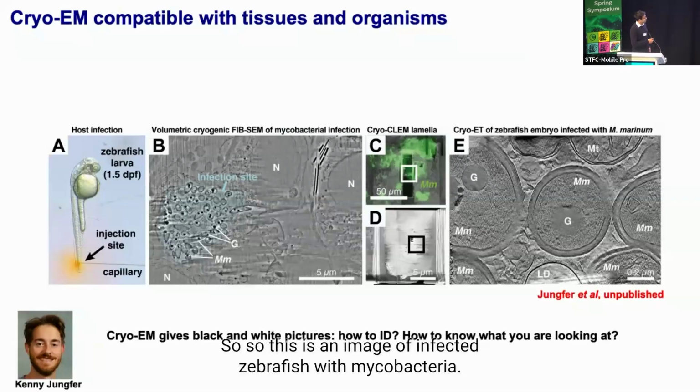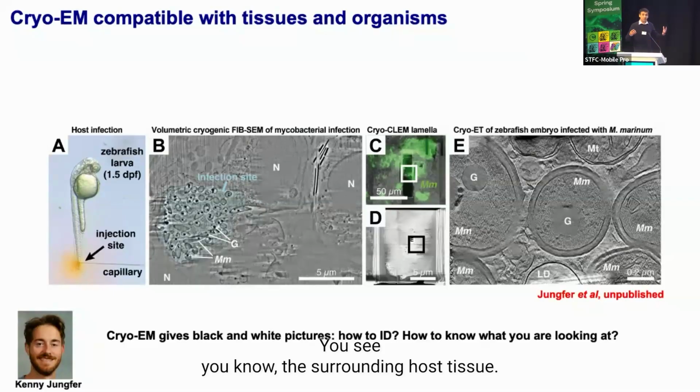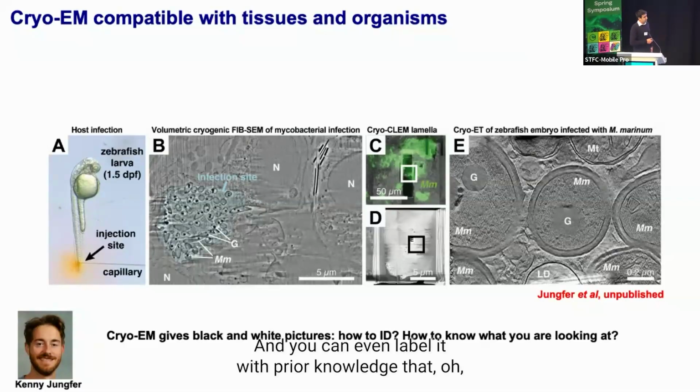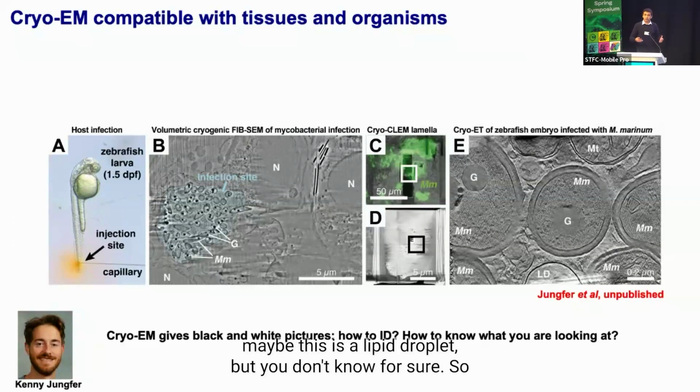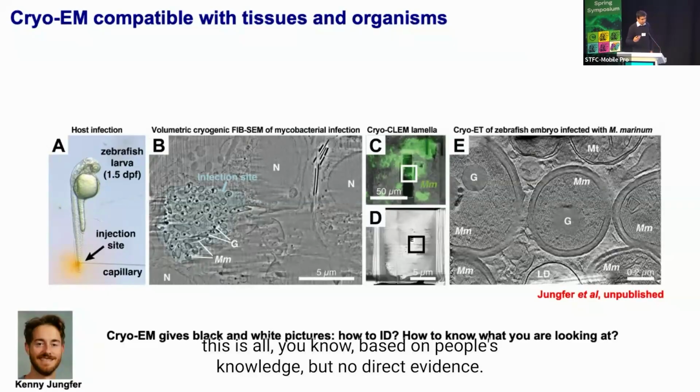This is an image of infected zebrafish with mycobacteria. You see the bacterial cells, you see the surrounding host tissue, and you can even label it with prior knowledge that maybe this is a lipid droplet, but you don't know for sure. This is all based on people's knowledge, but no direct evidence.